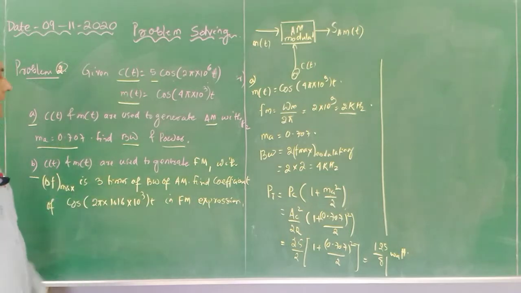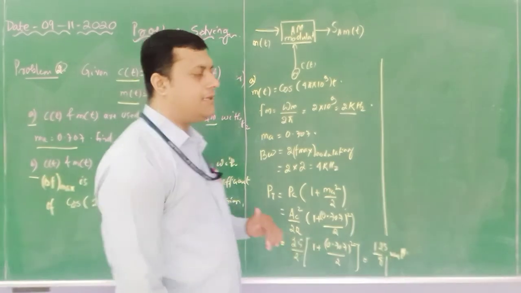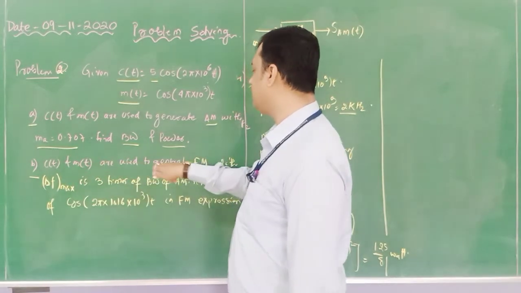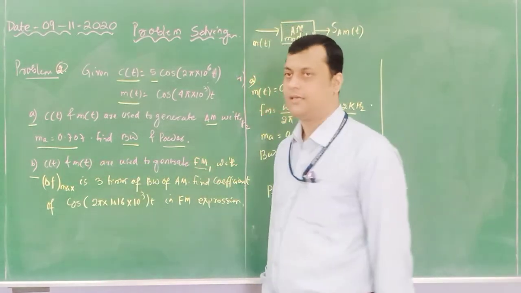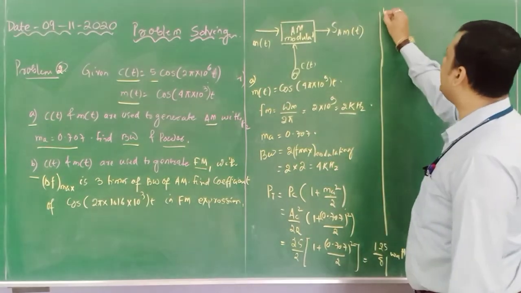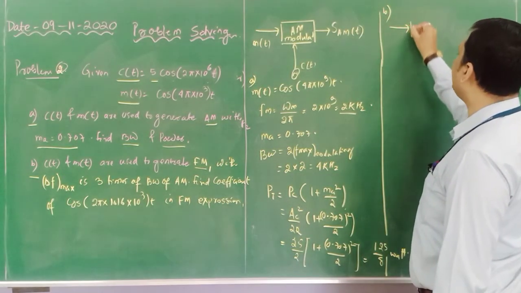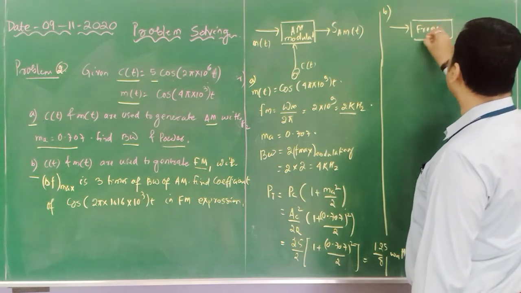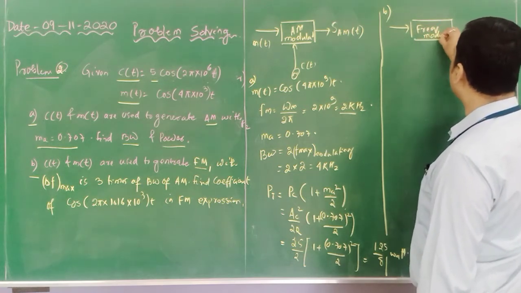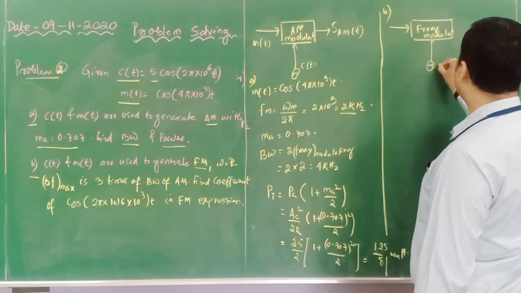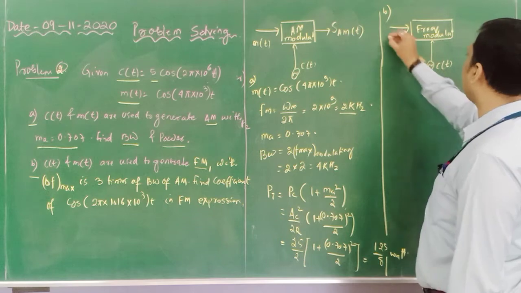Over. Next, c of t and m of t are used to generate an FM signal. Now, in place of the AM modulator, you need to analyze that the modulating signal is provided to the frequency modulator, in which the local oscillator provides c of t.